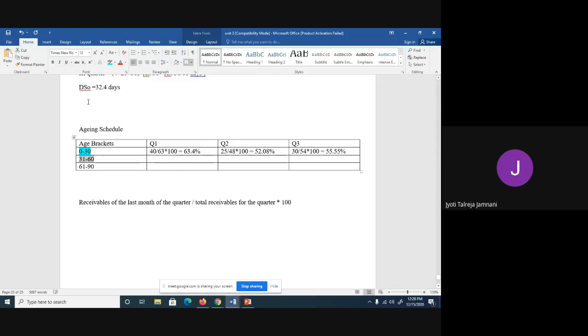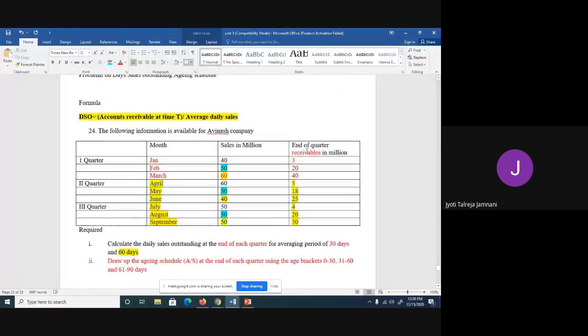Now we'll go to the 31 to 60 days average. In case of the 31 to 60 days average, we are going to take the sales of the middle month. I hope you're understanding the logic. 0 to 30 means the last month of the quarter you have to take. 31 to 60 means the previous month of that you'll have to take.